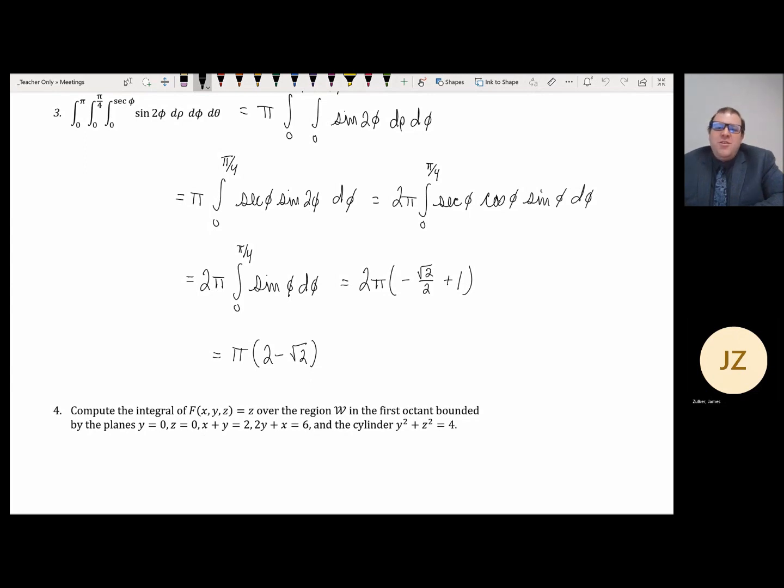We're going to compute the integral of z over the region in the first octant bounded by the planes y equals 0, z equals 0, x plus y equals 2, 2y plus x equals 6, and the cylinder y squared plus z squared is equal to 4.